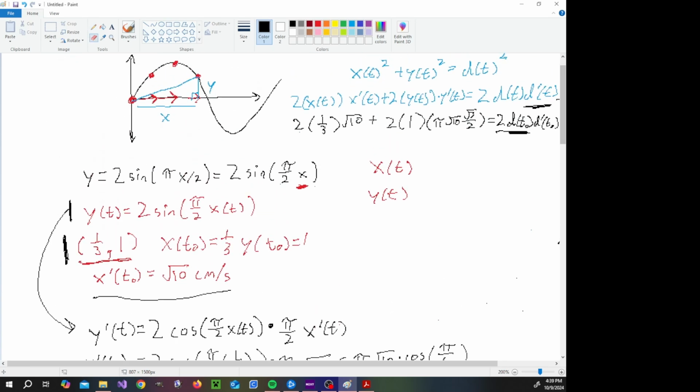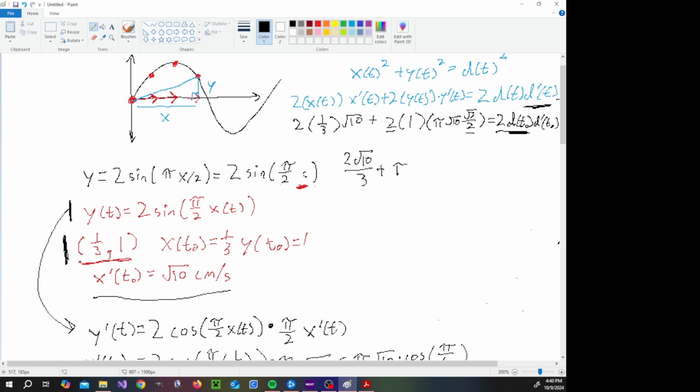So all together at this moment, I'm going to combine some of this multiplication. 2 times root 10/3 plus 2 times 1 is nothing. This 2 gets multiplied by this, or divided by this 2.